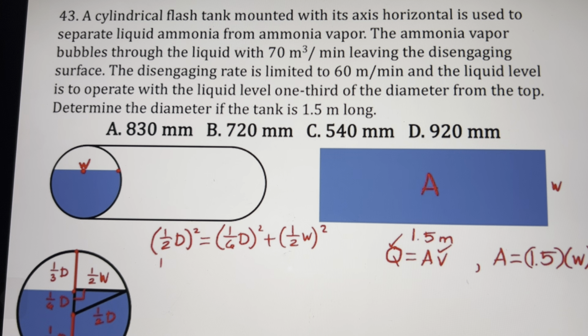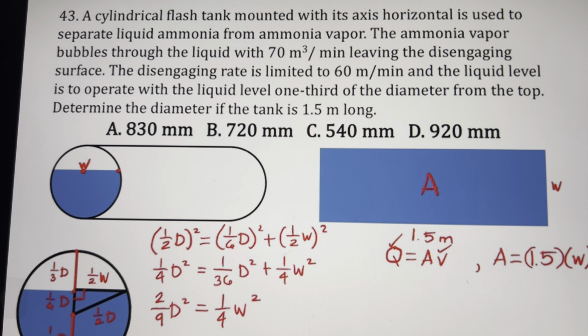So this will be 1/4 d squared is equal to 1/36 d squared plus 1/4 width squared. Okay, we can transpose here up to this point, so that will be 1/4 minus 1/36, which is 2/9 d squared. It's equivalent to 1/4 width squared.